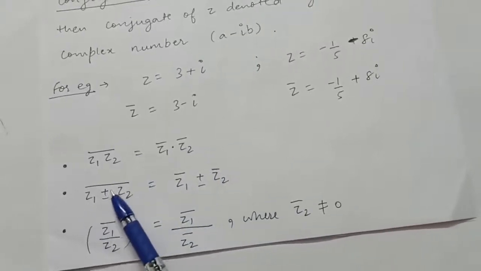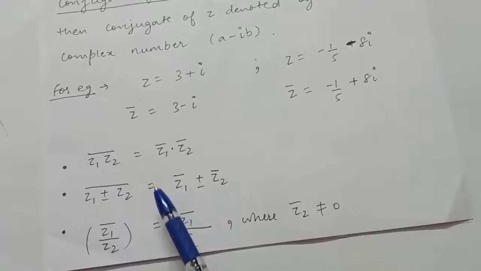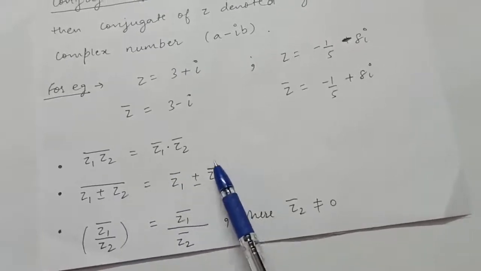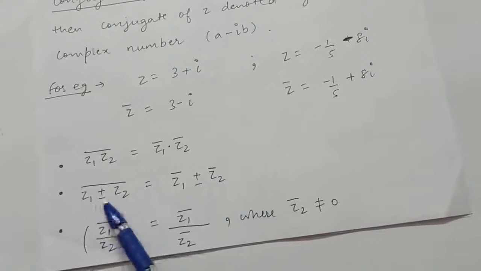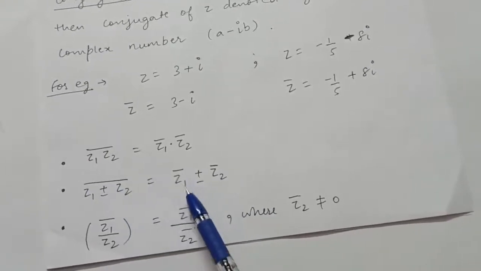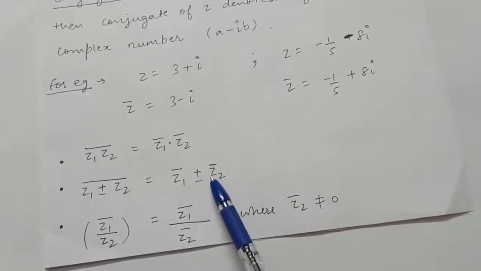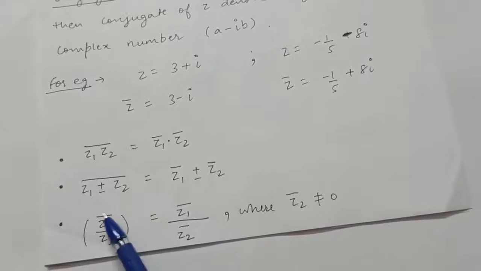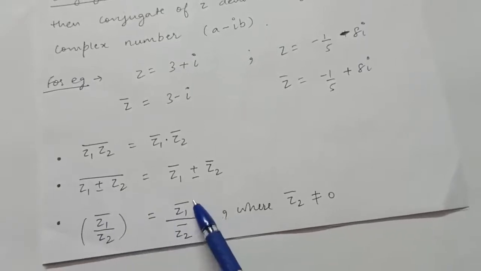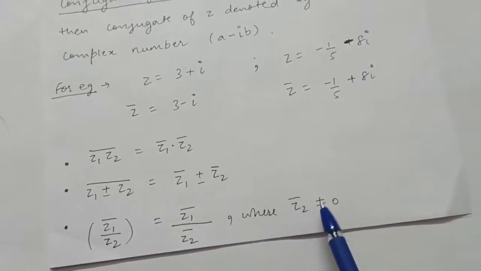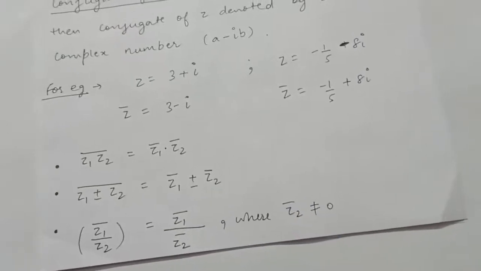Next, the conjugate of z1 plus z2 is equal to z1 conjugate plus z2 conjugate. Also, the conjugate of z1 minus z2 is equal to z1 conjugate minus z2 conjugate, right? And the conjugate of z1 by z2 is equal to z1 conjugate upon z2 conjugate, where z2 conjugate is not equal to 0. Clear?